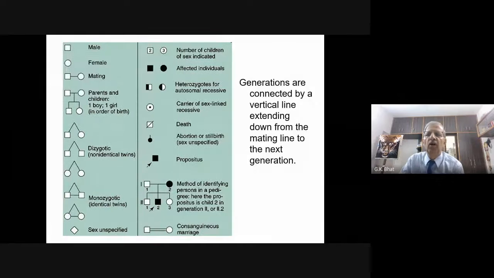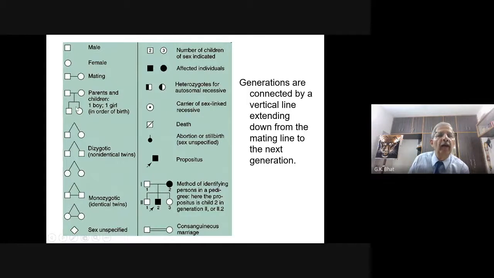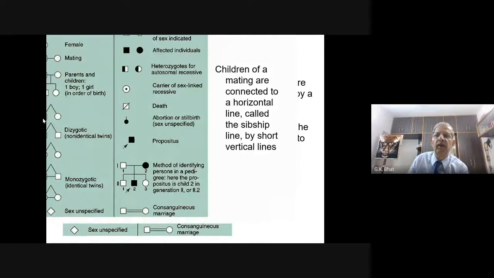Generations are connected by a vertical line. See here, the family with the father and mother, and this generation, are connected by a vertical line from the mating line to the next generation.